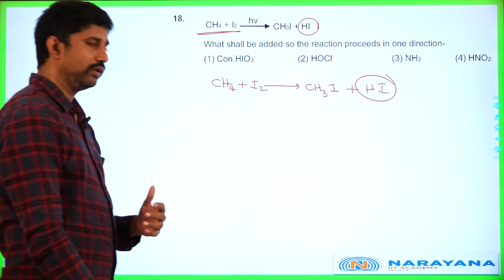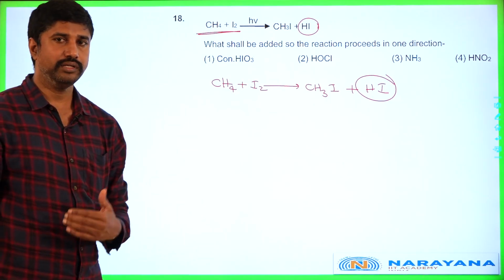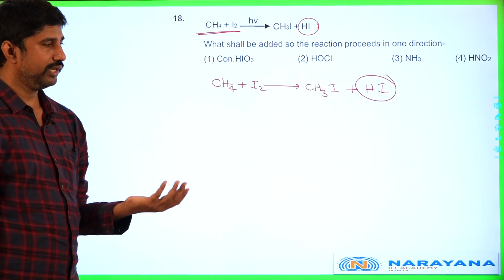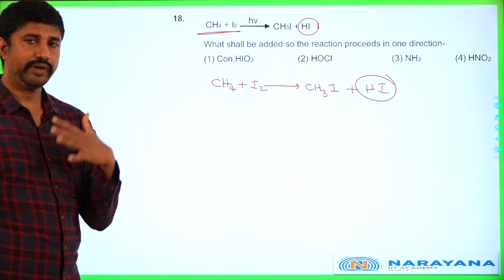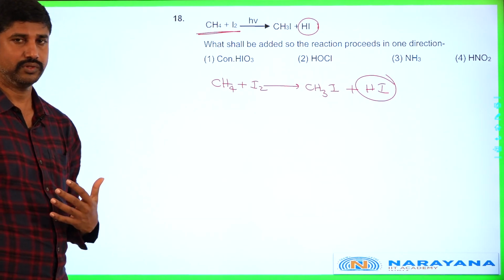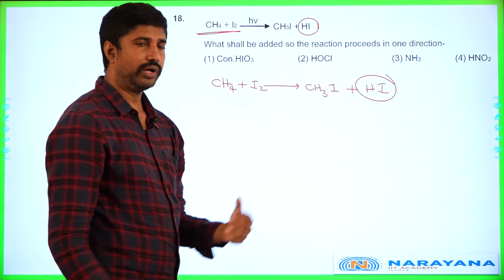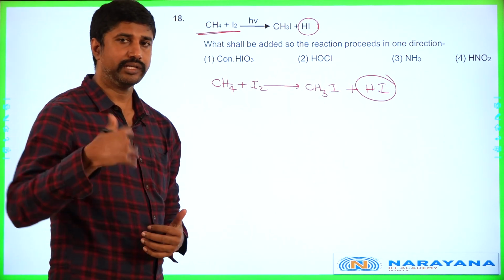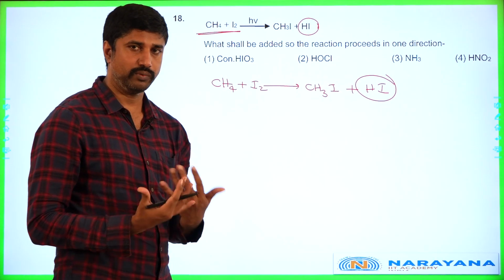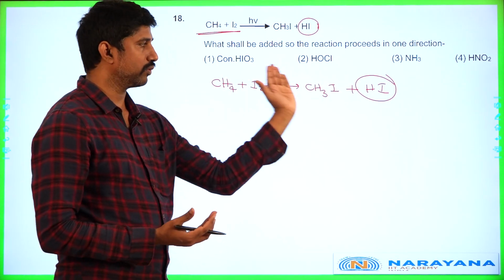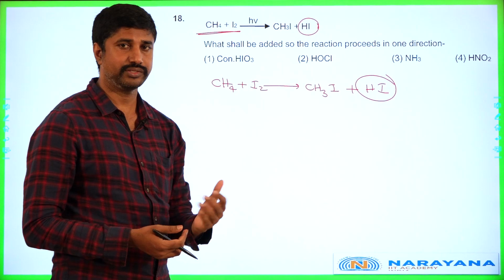If HI gets oxidized, then automatically there is no HI, and as per Le Chatelier's principle, more forward reaction takes place as HI is consistently being removed.